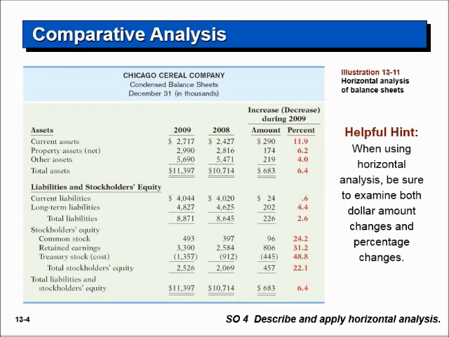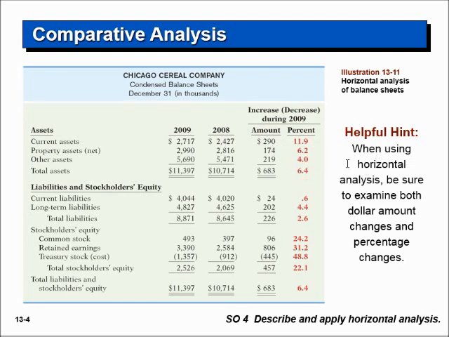Let's take a look at an example real quick. Here we have a financial statement for the Chicago Cereal Company. And what we do in this type of analysis is we're looking at one year to the next. So we go from 2008 to 2009, and we see both what the amount of change was and the percentage change.